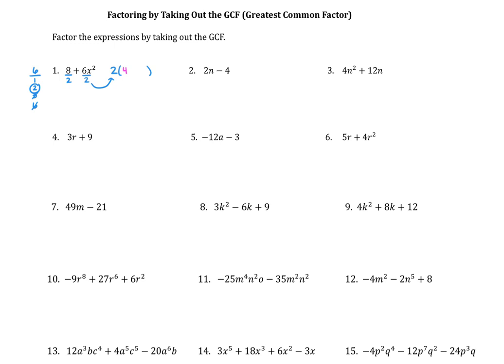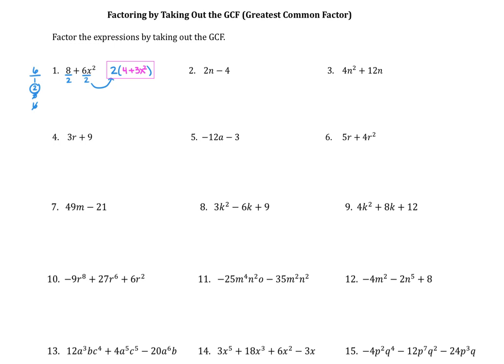And a positive 6x squared divided by 2, well, 6 divided by 2, view this as a laws of exponents problem. 6 and 2 give me a positive 3, and the x squared just gets tacked on. So that would give me 2 parentheses 4 plus 3x squared. You have to have all of that for it to be an equivalent expression.